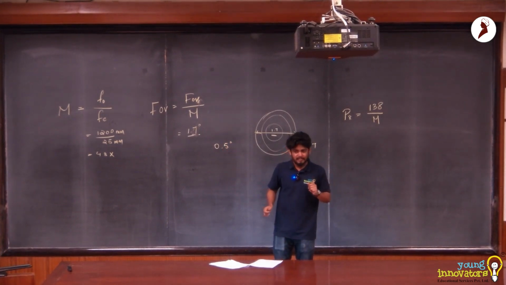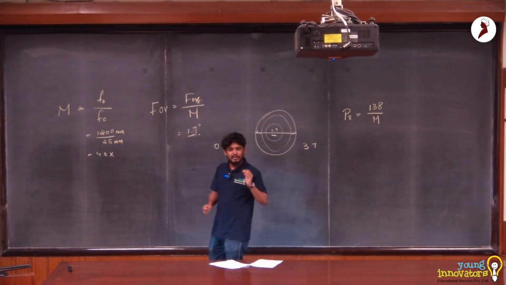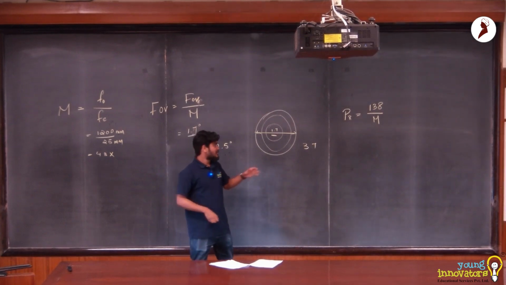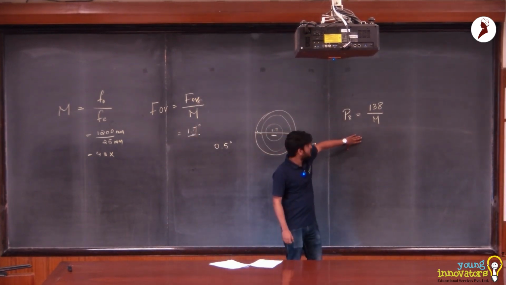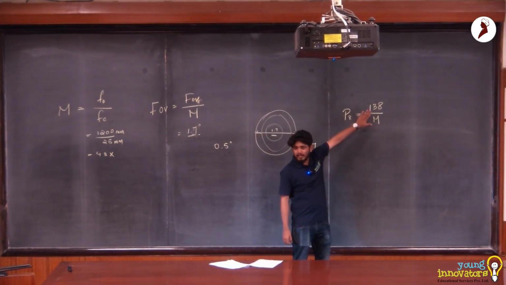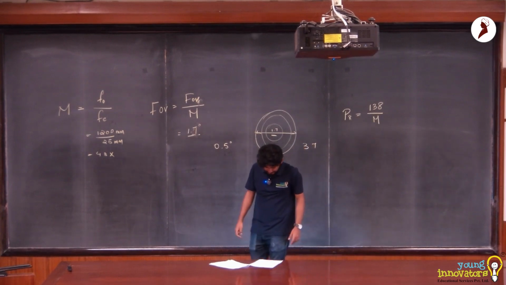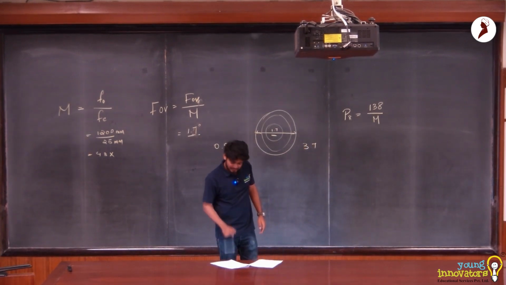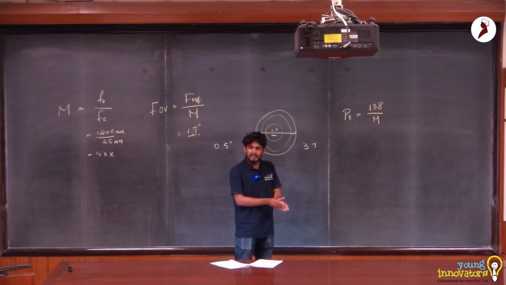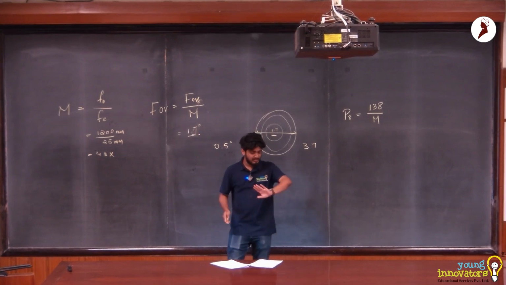Something related to that, which I will explain later. So, to find resolving power, all you have to do is divide 138 by the magnification. So, first question, I'll tell you. Because if I go explaining 138, it will keep on extending. The time is still 12:30.